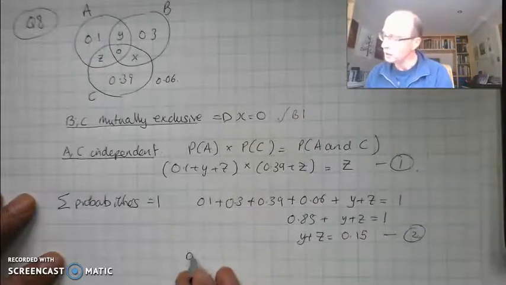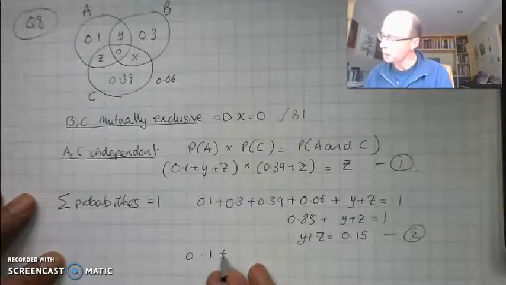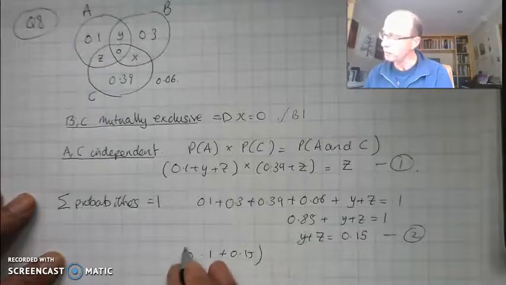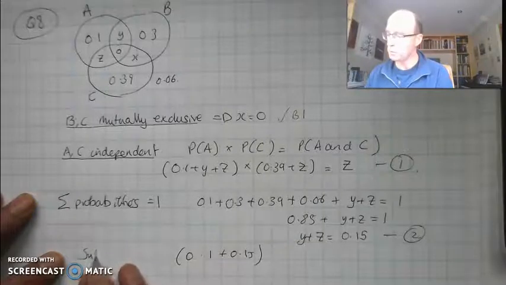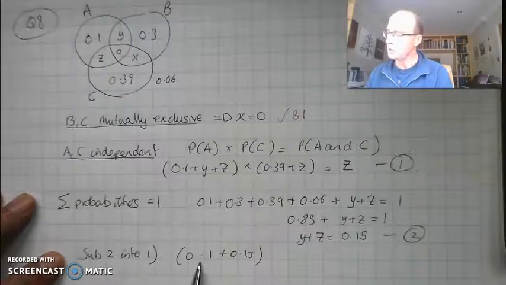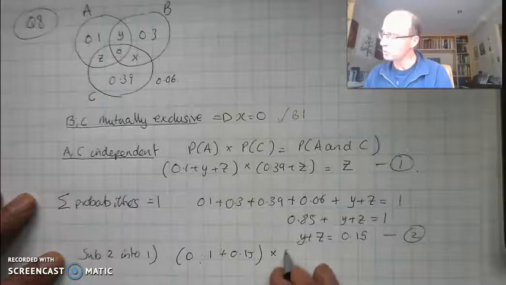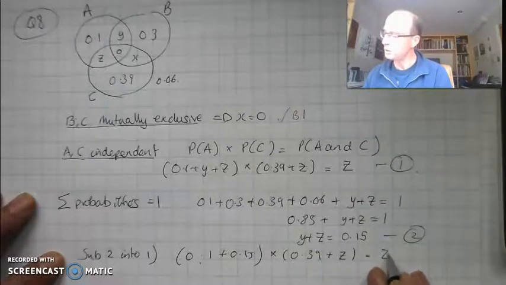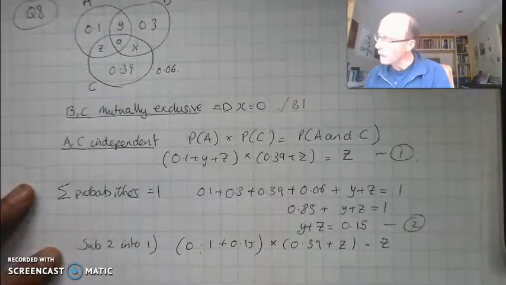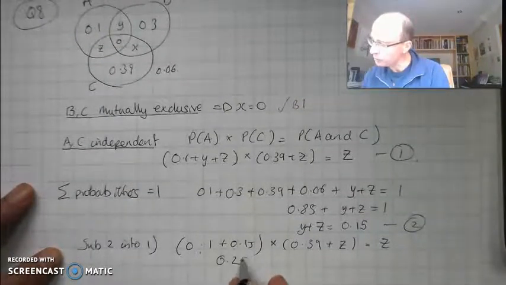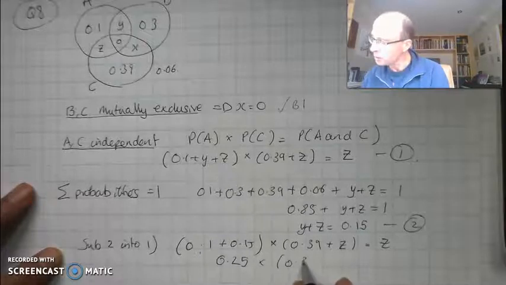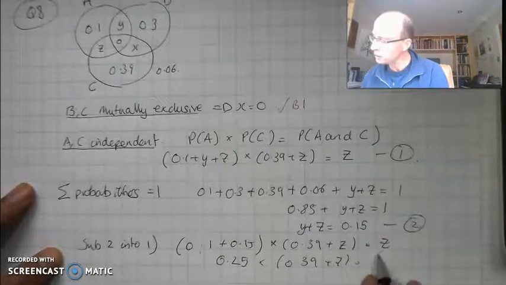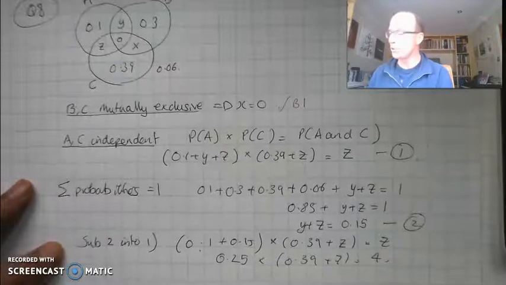So this is going to give me 0.1 plus my 0.15. So what am I doing? I'm subbing 2 into 1. So 0.1 plus my Y plus Z, which was 0.15, times 0.39 plus Z is equal to Z. This is 0.25 times my 0.39 plus Z equals Z. Multiply both sides through by 4.